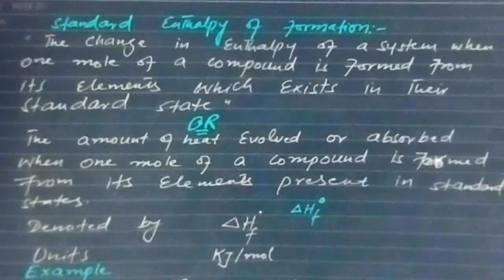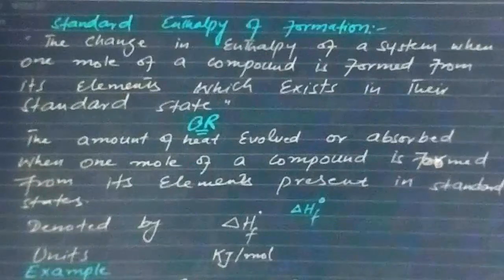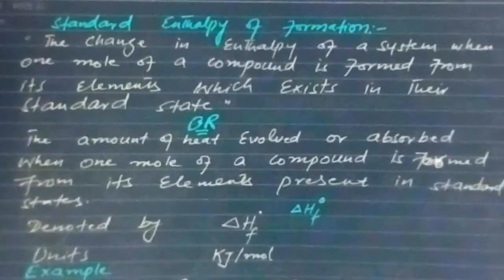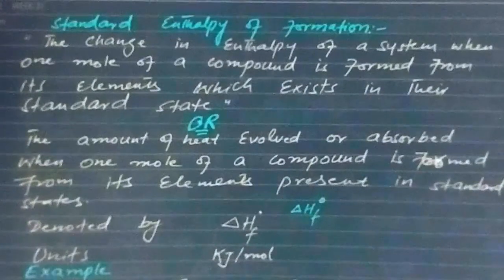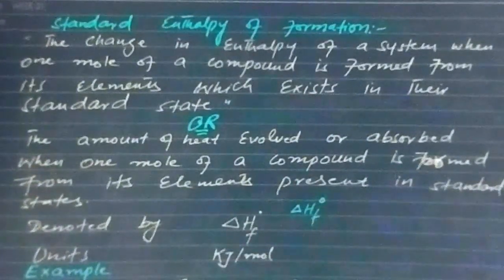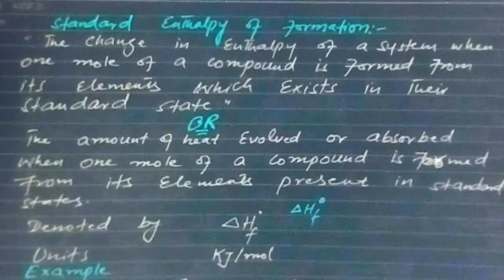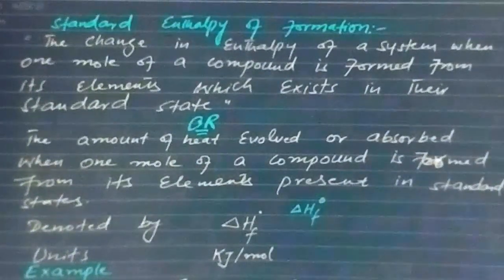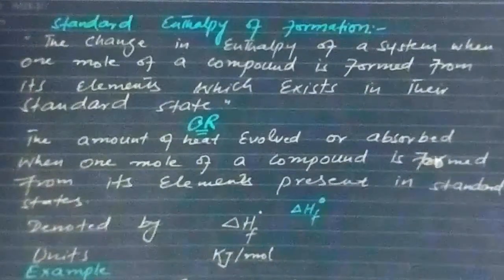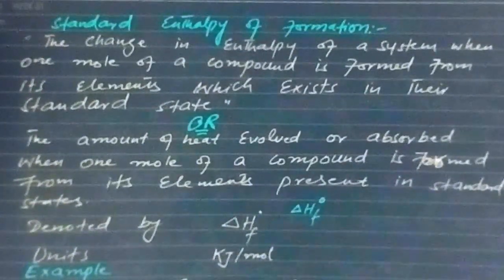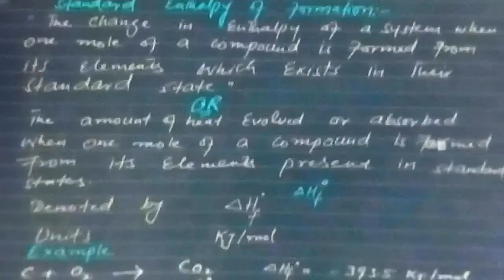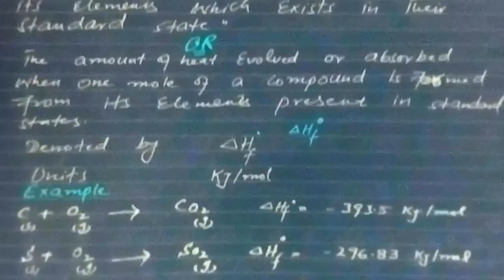Whenever different elements combine together to form a compound and these elements are present under standard state, the amount of heat, the amount of energy or the enthalpy change in order to form the compound from its individual elements is called standard enthalpy of formation, or it is the amount of heat evolved or absorbed when 1 mole of a compound is formed from its elements present in their standard states.